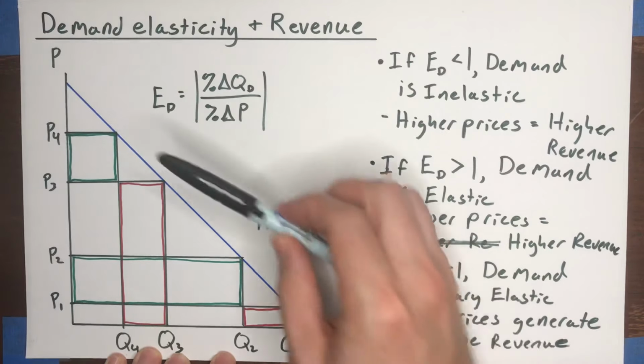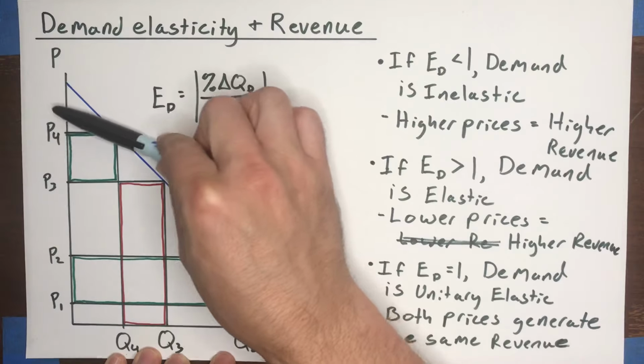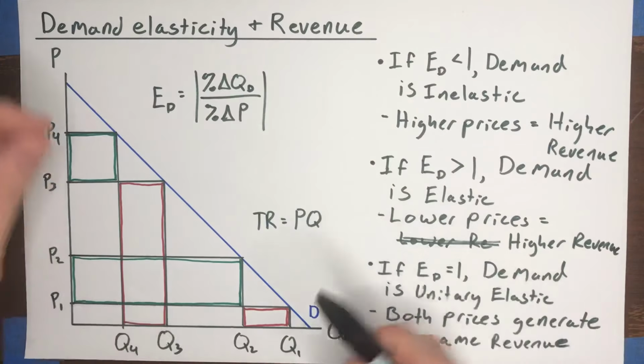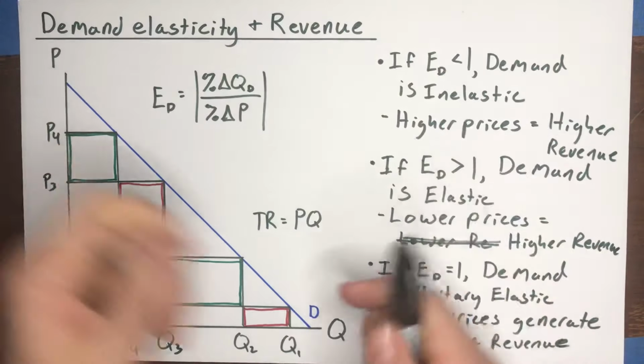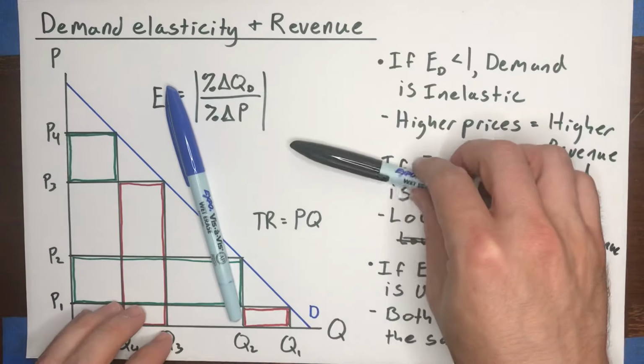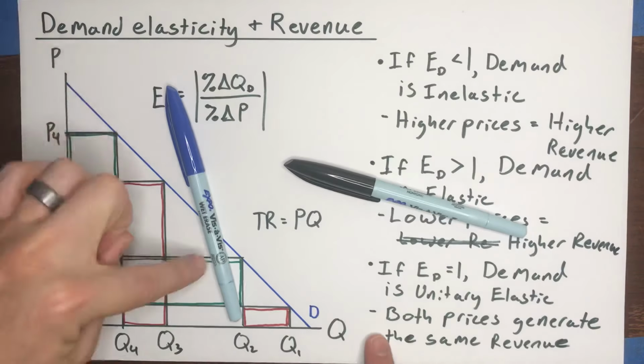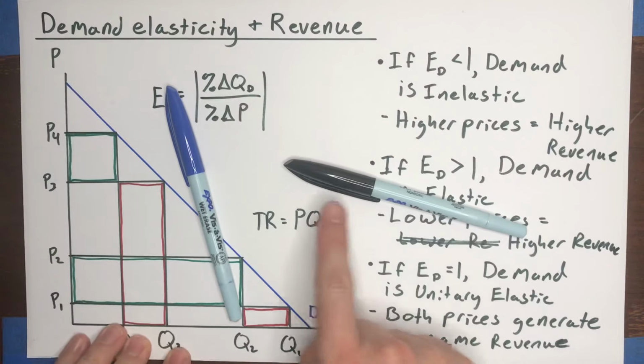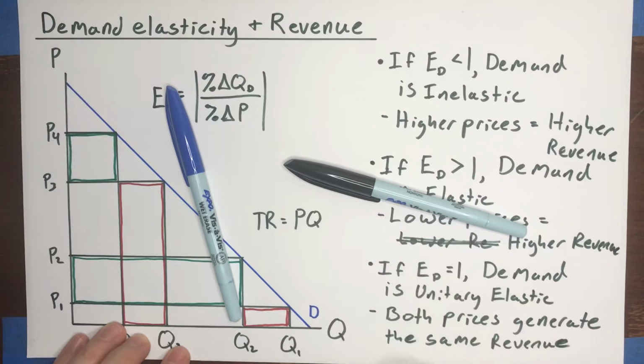So elasticity can refer to the demand curve as a whole. If you're comparing 2 demand curves to each other, and one of them is quite steep and the other is quite flat, you can say this demand curve is more inelastic and this demand curve is more elastic.